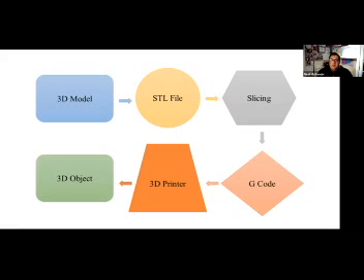And then it usually will spit out G-code, which is like, okay, now we understand what the model is and how we're going to get this printed. Here are the instructions. And then that G-code goes to the 3D printer, and the printer will work on 3D printing that object. So that's the process in a nutshell.